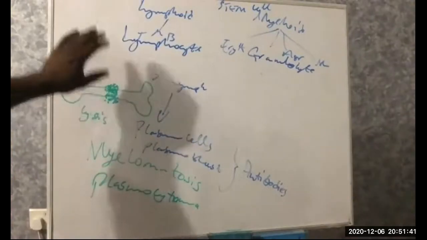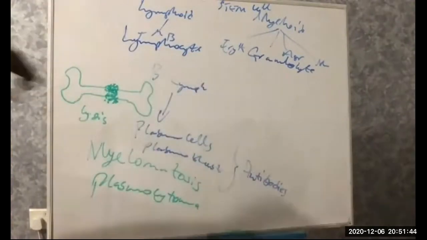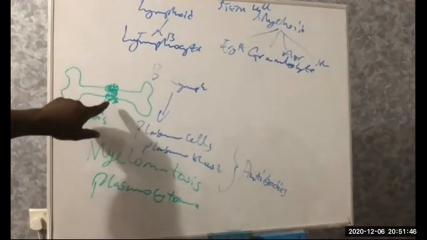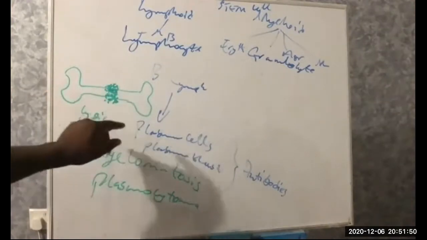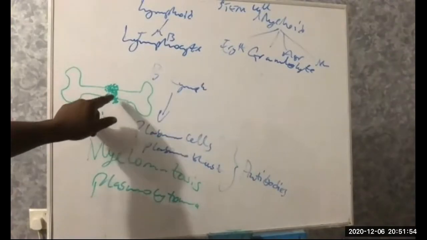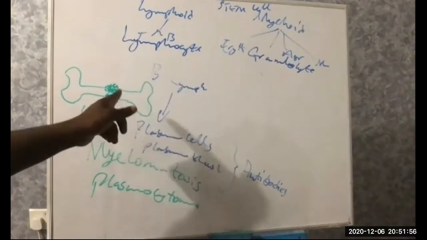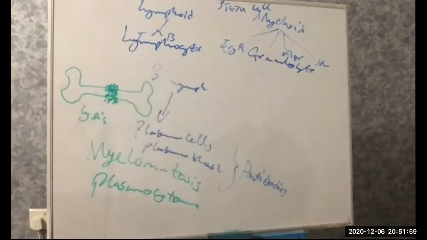So normally bones are white, but with the development of multiple myeloma, some of the areas become broken, and it allows some of the X-rays to pass through it. That is why you see some lucencies on the X-ray.